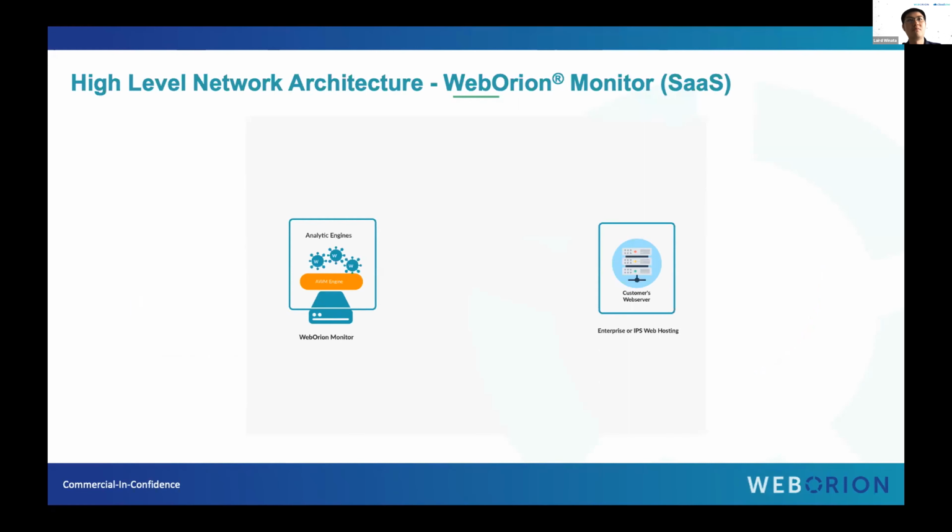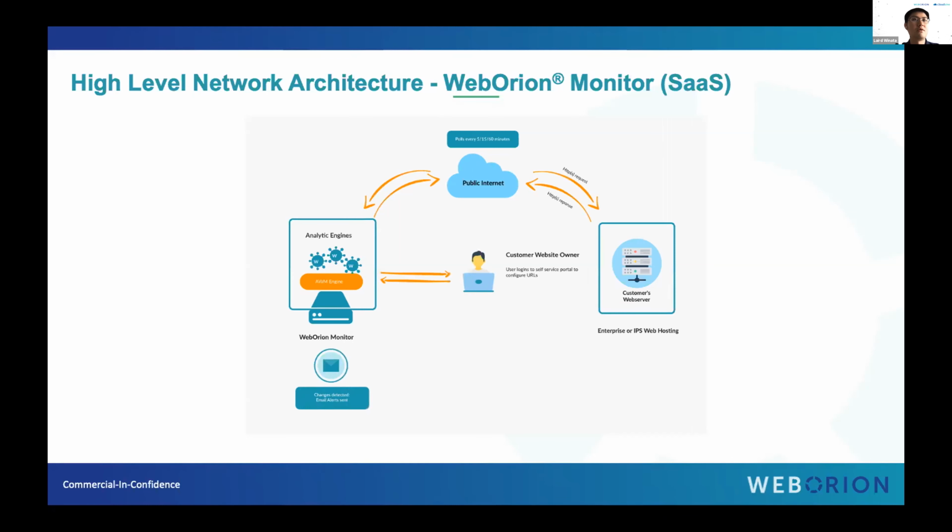The way we perform monitoring is we go through the public internet to poll your website every 5, 15, or 60 minutes, and we analyze the HTTP response returned by your web server. When we detect any change, any defacement, we will send an alert via email to the configured recipient or to the SOC partner as part of our managed service offerings.